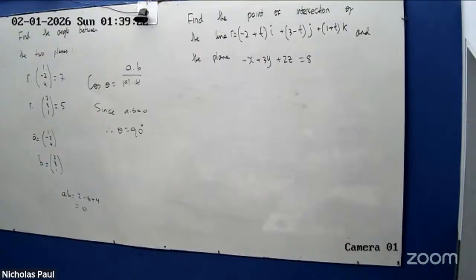Step one, write the vector equation of the line in the parametric form.